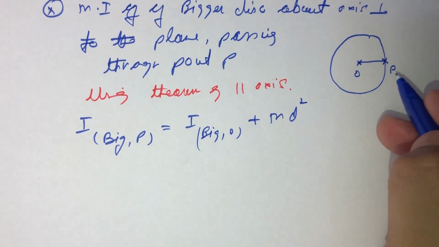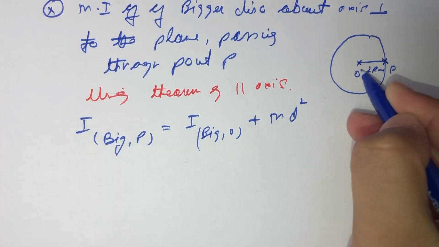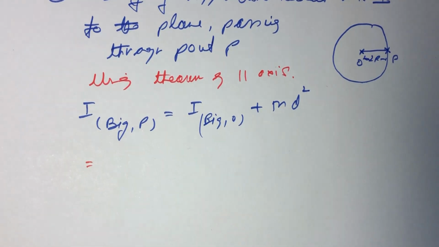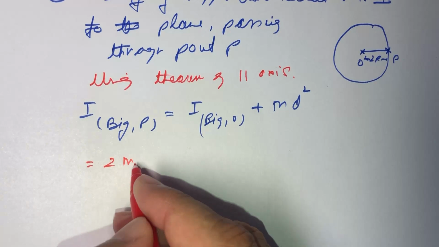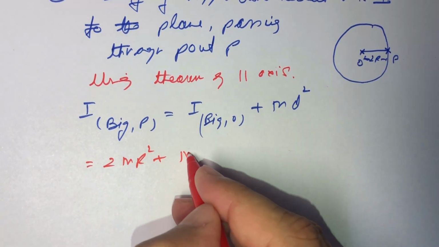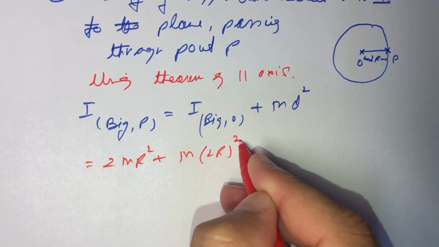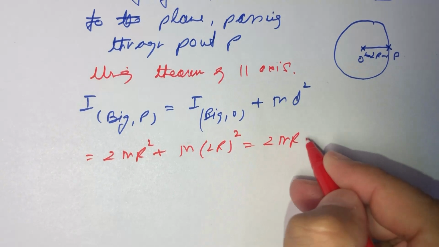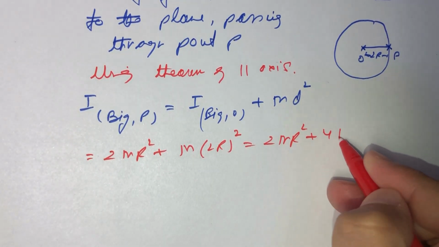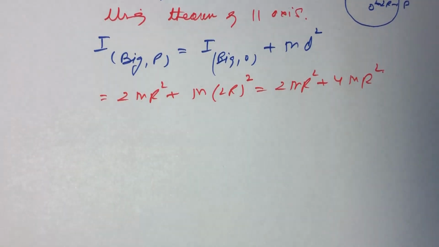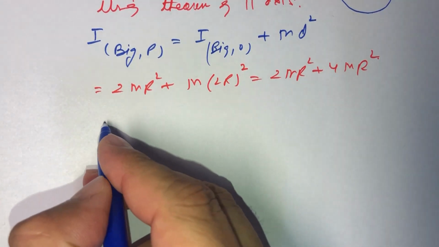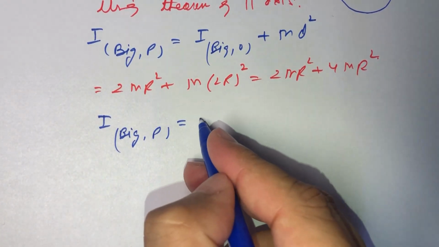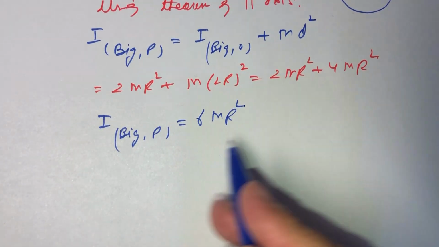The distance is given as 2r. So big O is our 2MR square plus mass is capital M and distance is 2r square. So we get 2MR square plus 4MR square. Therefore the moment of inertia of the big disk about point P will be equal to 6MR square.